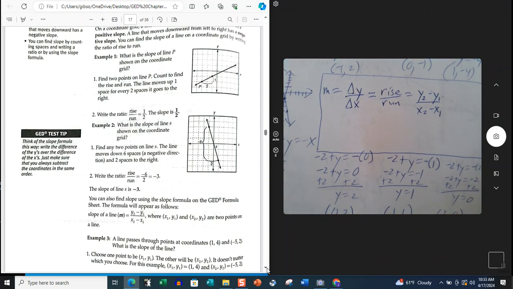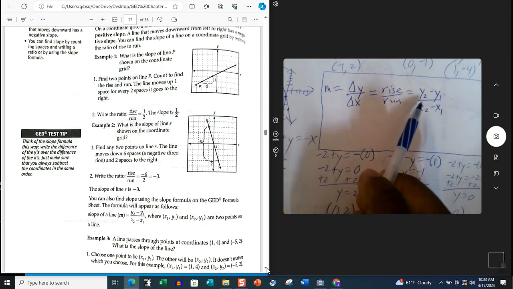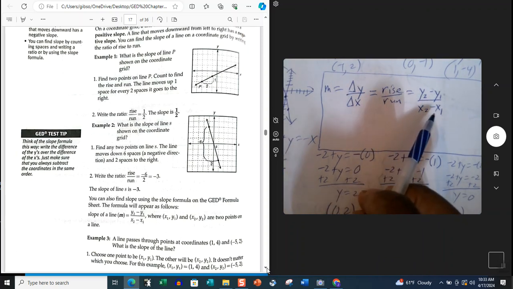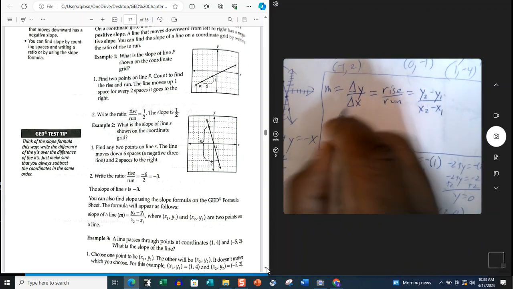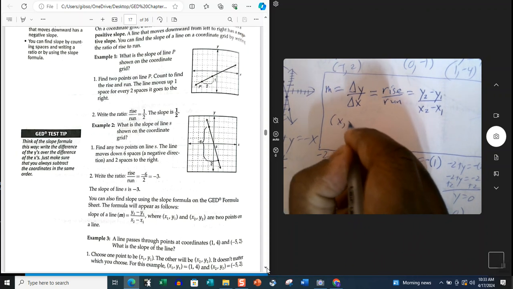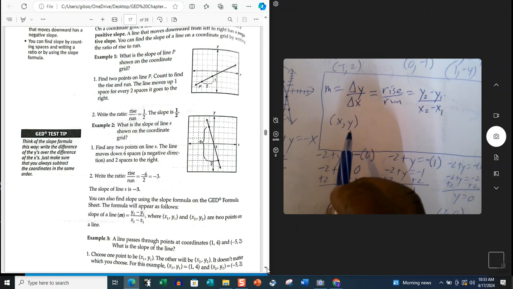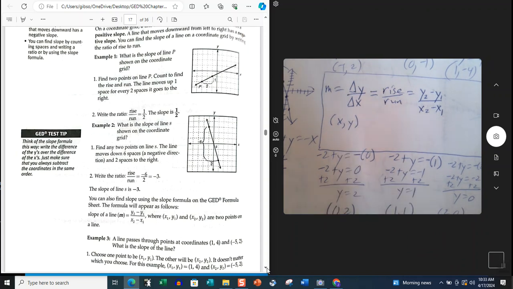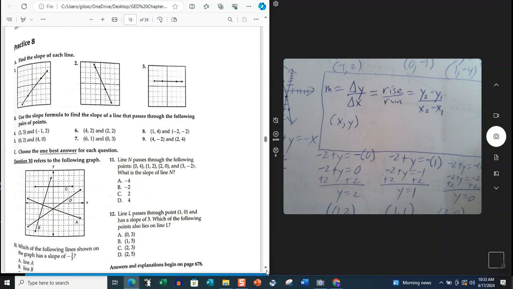So now, what we're going to do, we have to determine what y2, y1, x2, and x1 is. Now remember how I told you all before that when you do an ordered pair, it would be x first and y second. I'm going to pull up a problem so you can actively see it being done.